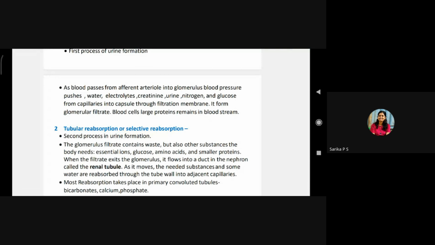As blood has its own pressure on the walls of blood vessel, it pushes water, electrolytes, creatinine, urea, glucose.